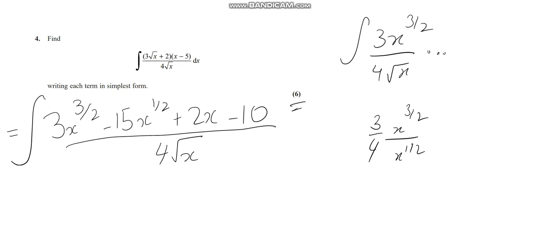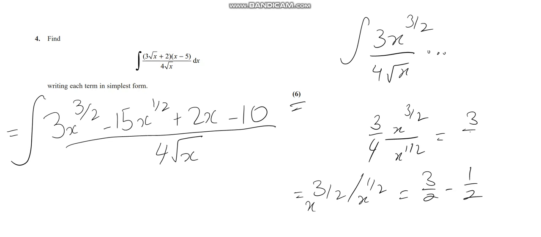By the rules of powers, when dividing, the powers are subtracted: half is subtracted from 3 upon 2. It is that easy. So this will be 3 upon 4 x to the power 1, that is, 3 upon 4 x.